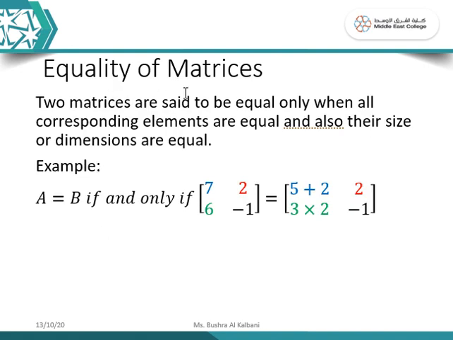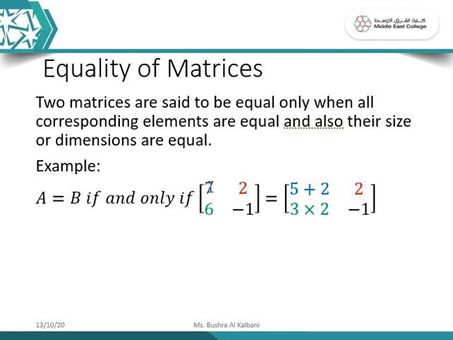Now, equal matrices. What is the meaning of equal matrices? First, they should have the same size. If they have the same size and each element in the first row and first column is equal to the element of the second matrix in the first row and first column, and so on, for example 7 and 7, 2 and 2, 6 and 6, -1 and -1, we call this equal matrices. Otherwise, they are not equal.